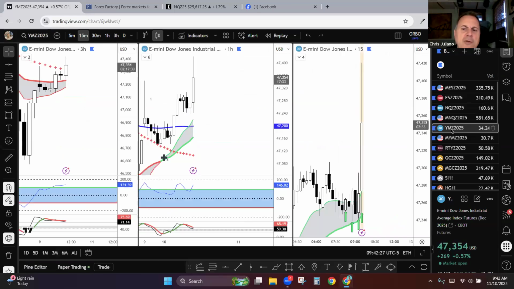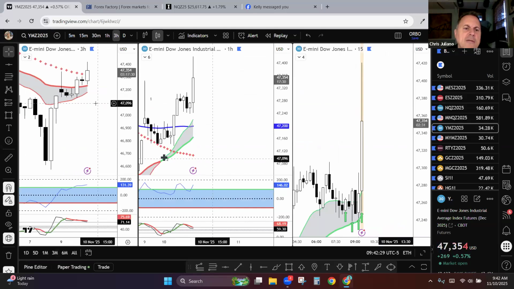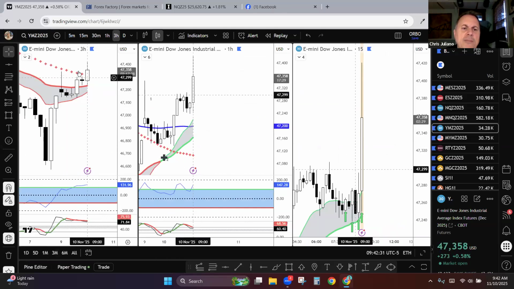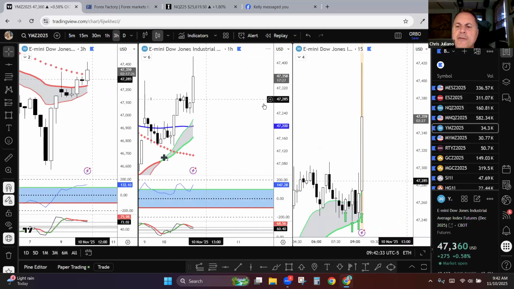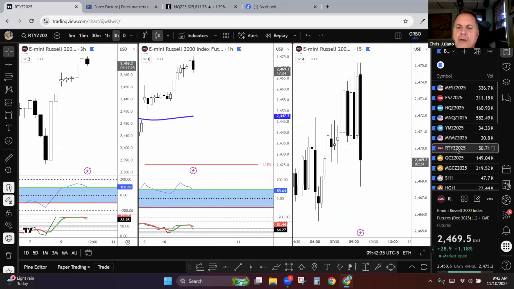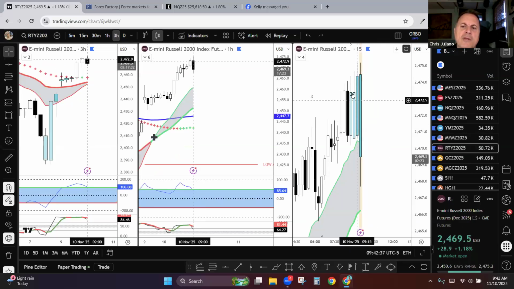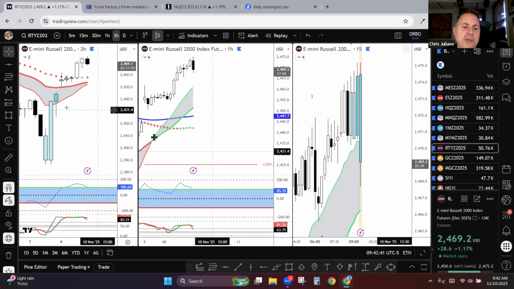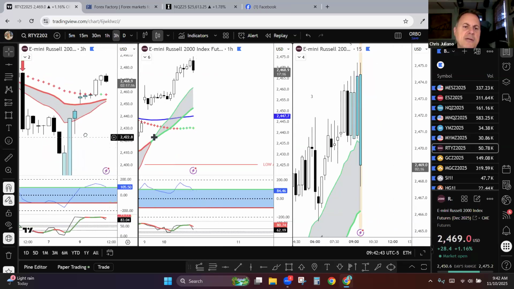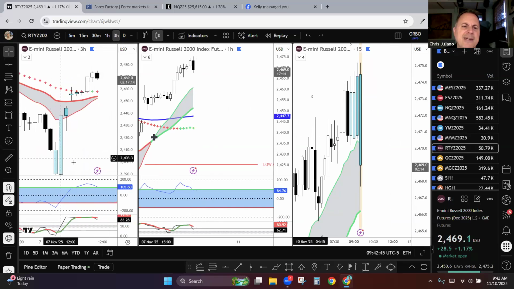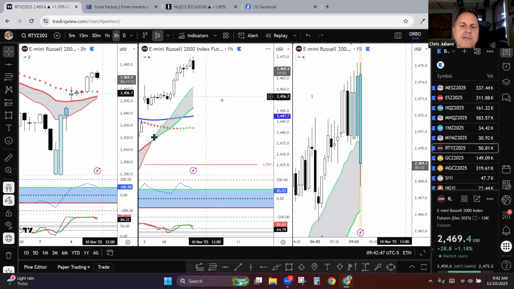Right, Dow is starting to pull back after it went above the 50 simple on the 3 hour. Russell came in, Russell became extended. Look how it became extended to the downside here, on the 3 hour, completely reversed.